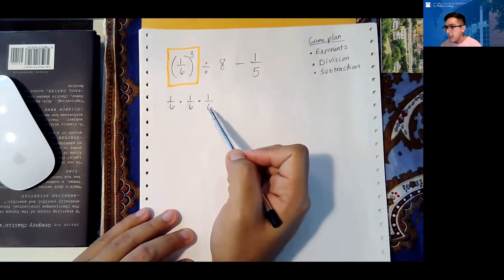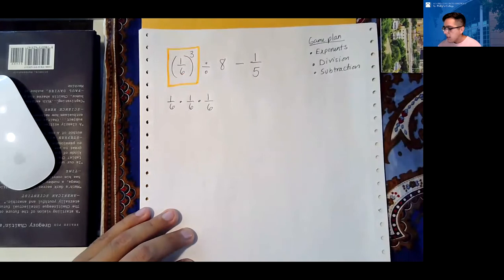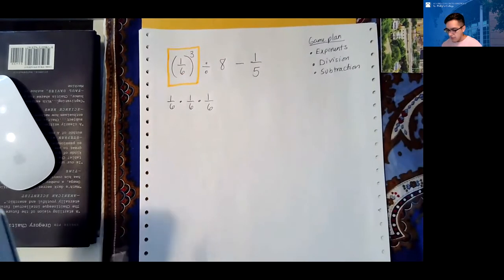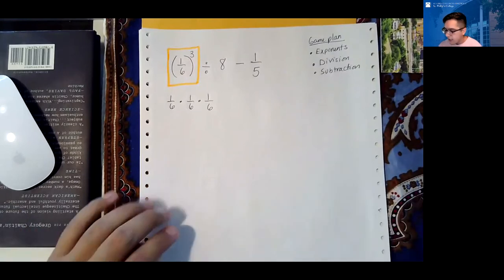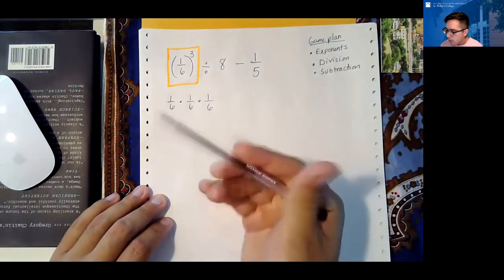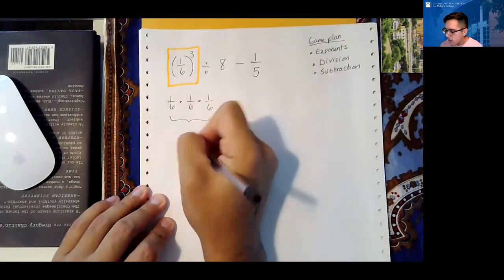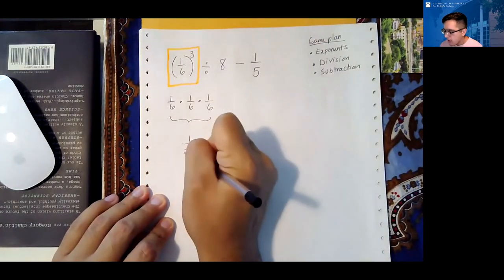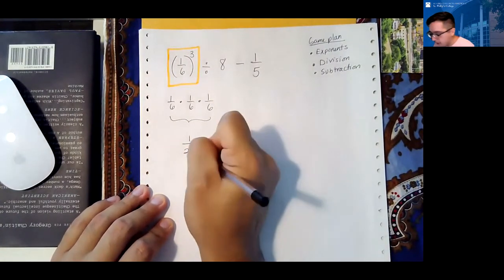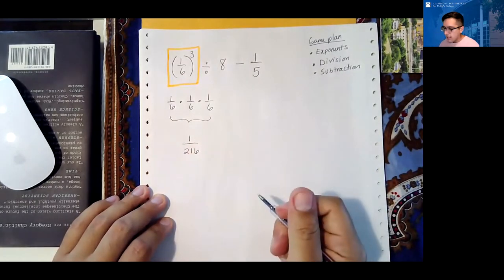Oh man, 216, it's what? 216? Yes, it is. 6 times 6 times 6 is 216. That escalated quickly. So we should be able to take this to 1 over 216, right? Yes, sir. Sounds good.